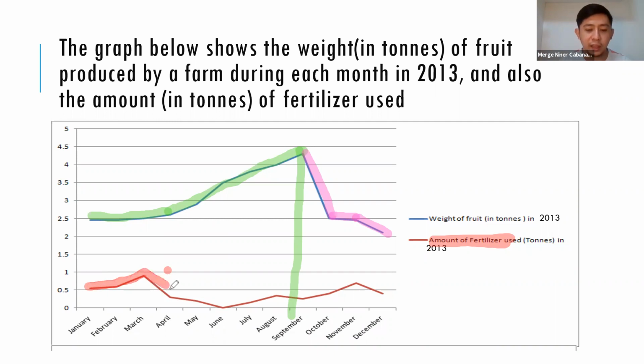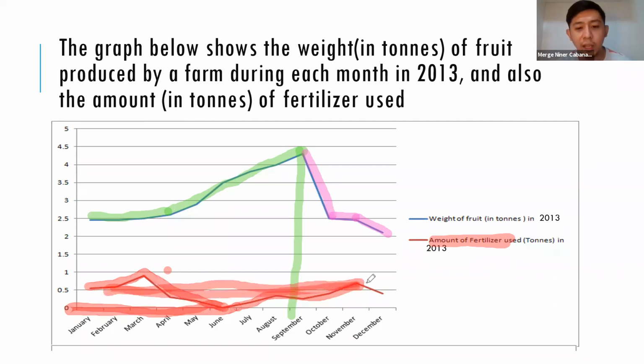And then it fell to June with 0. Take a look at that, with 0. There are no more numbers here. And then it revived itself. It went up once again, and then it almost equaled its data here. From this increase, it almost equaled the data here. That's what I'm trying to say.